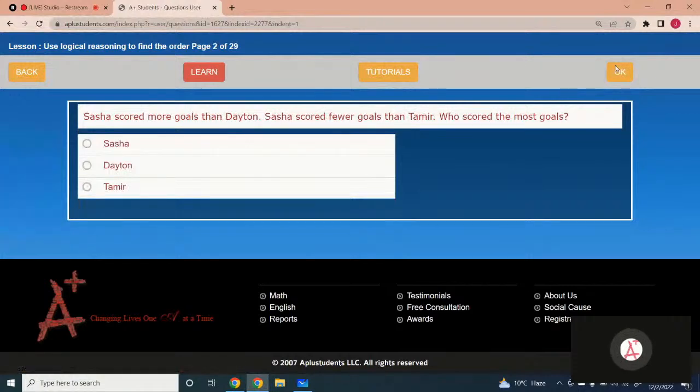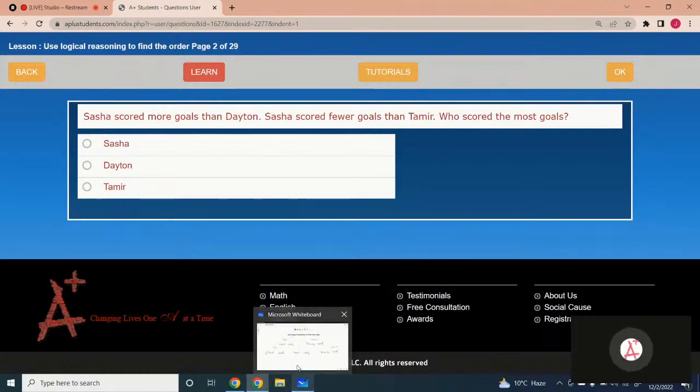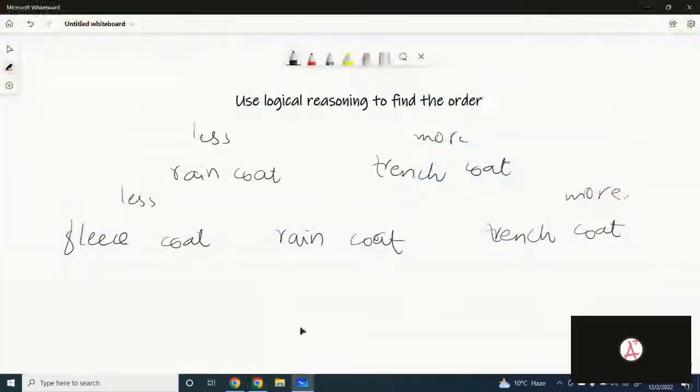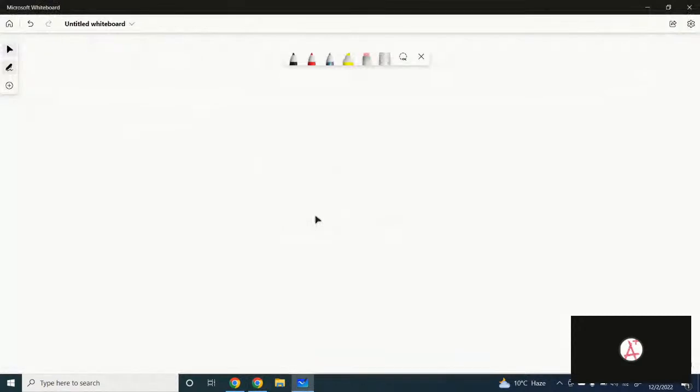Okay, the next one is Sasha scored more goals than Dayton. Sasha scored fewer goals than Tamir. So who scored the most goals? So Sasha scored more goals than Dayton, that means Dayton has less and Sasha has more. Got it?